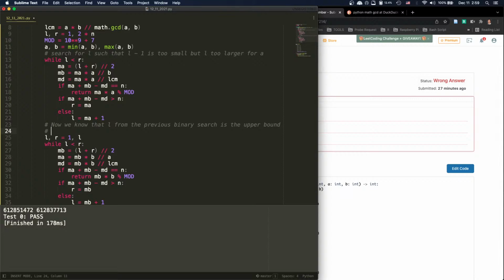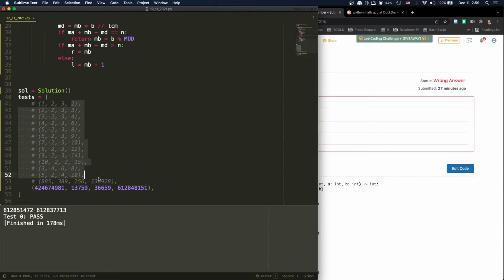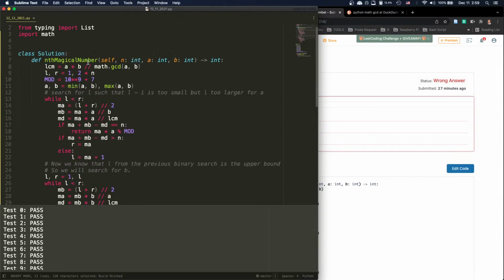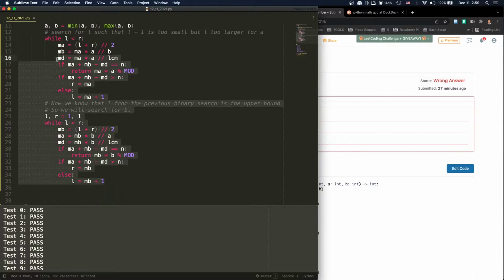So we will search for B. Yep. Now it looks pretty straightforward. It's 2 rounds of binary search. I do need this, we need this, and then 1 round and 2 round binary search.